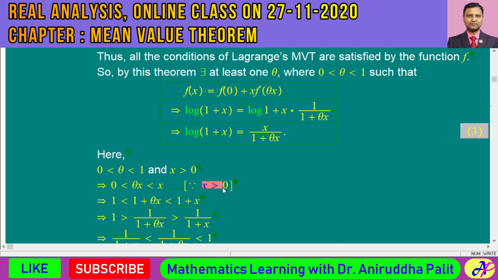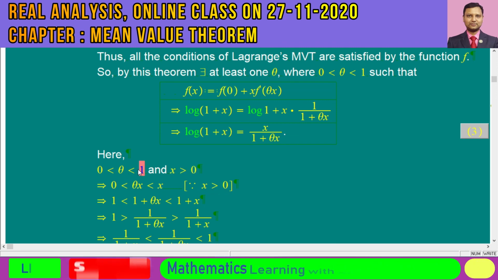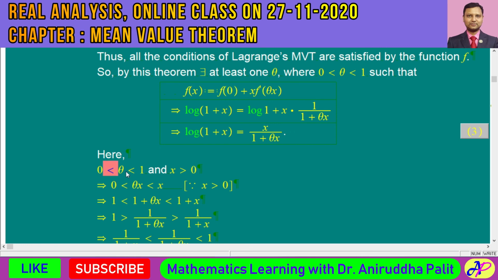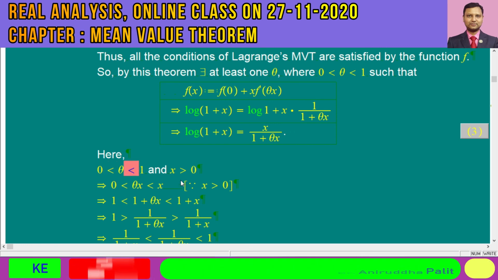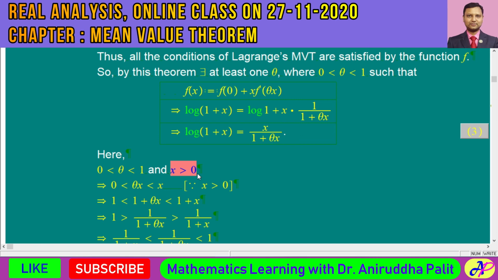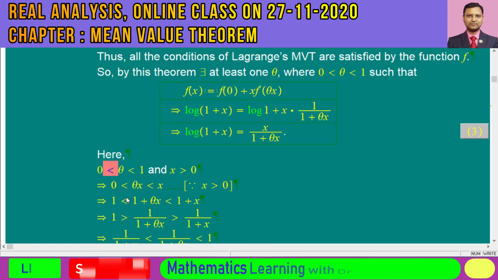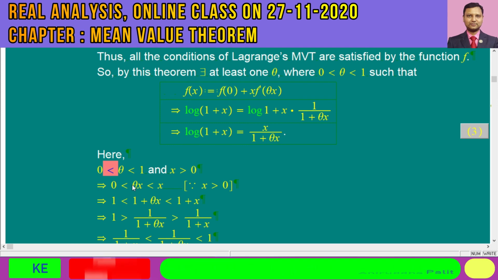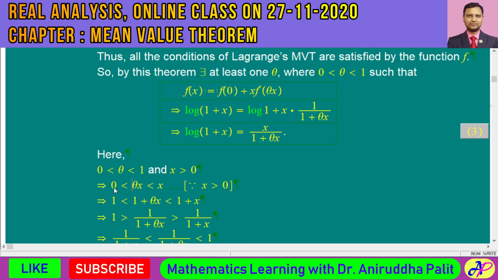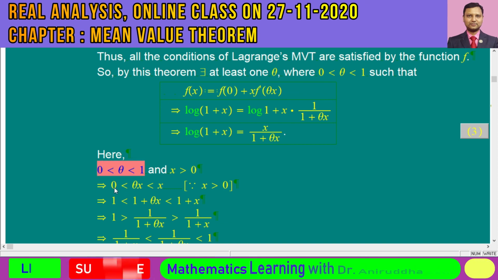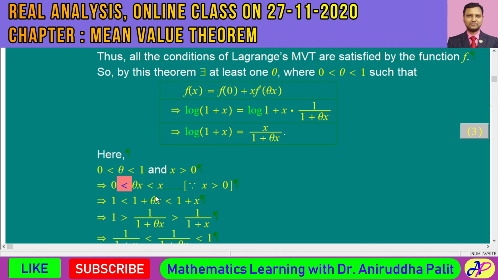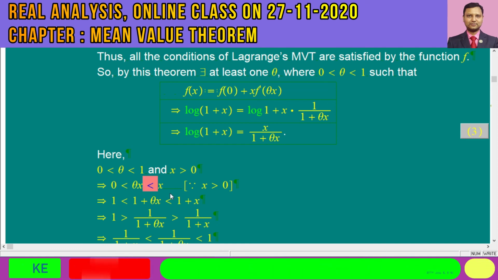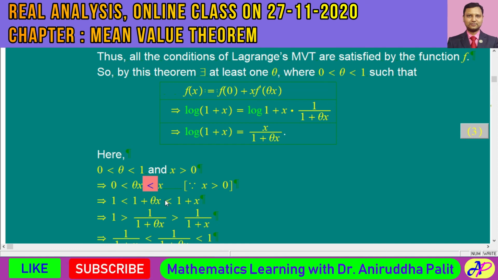Because x is positive, if we multiply this inequality, this less than inequality will remain a less than inequality. If x had been a negative number, in that case this less than inequality would be converted into a greater than inequality. So be very careful about it. Now multiplying by the positive number x, we will have 0 less than theta x, and that is less than x.